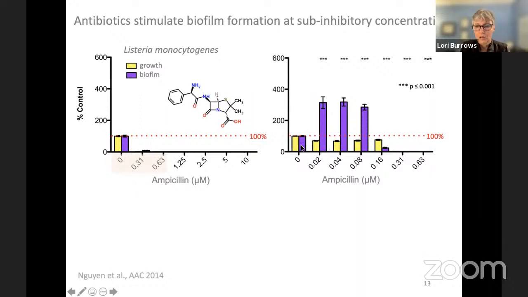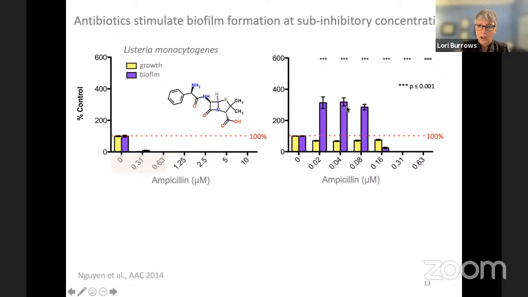This is the control, again, 0. But even at a tiny amount of ampicillin, 20 nanomolar, we saw this spike in biofilm formation. Then as we got concentrations closer to the MIC, the biofilm dropped off and then we killed the bacteria. We thought this was really interesting.